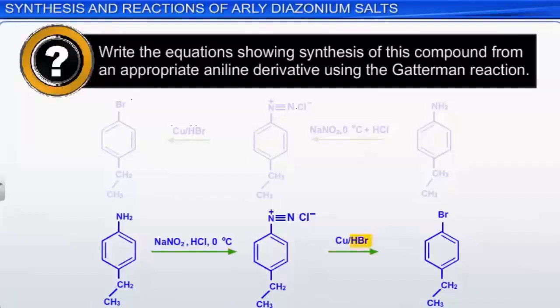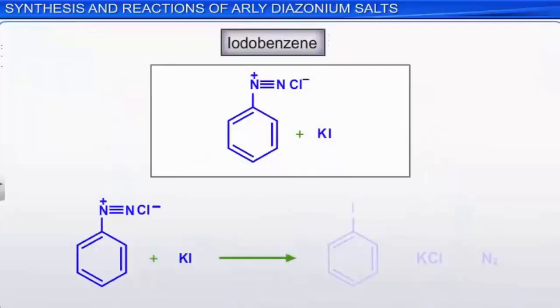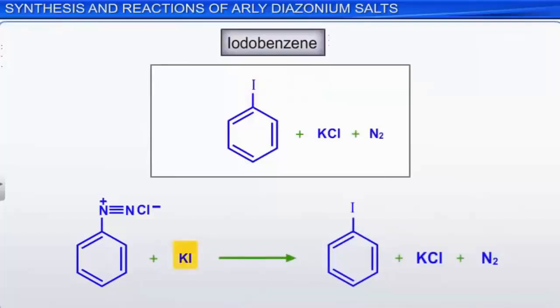The diazonium group can be replaced by iodine ions if the diazonium salt solution is treated with potassium iodide. This reaction forms iodobenzene as the primary organic product. Try to answer this question on your own before proceeding.